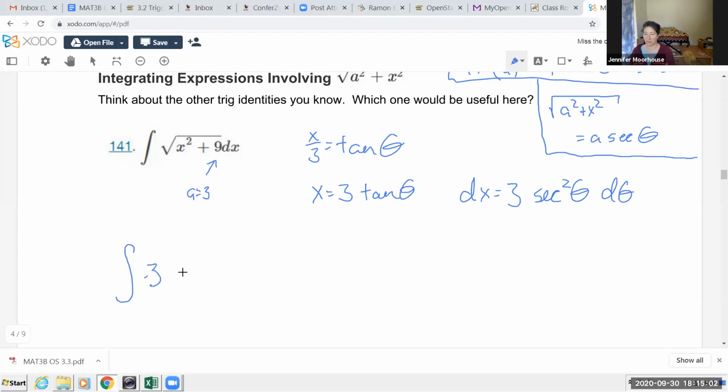This is going to be 3 secant theta. And the dx is 3 secant squared theta d theta. So this is dx.